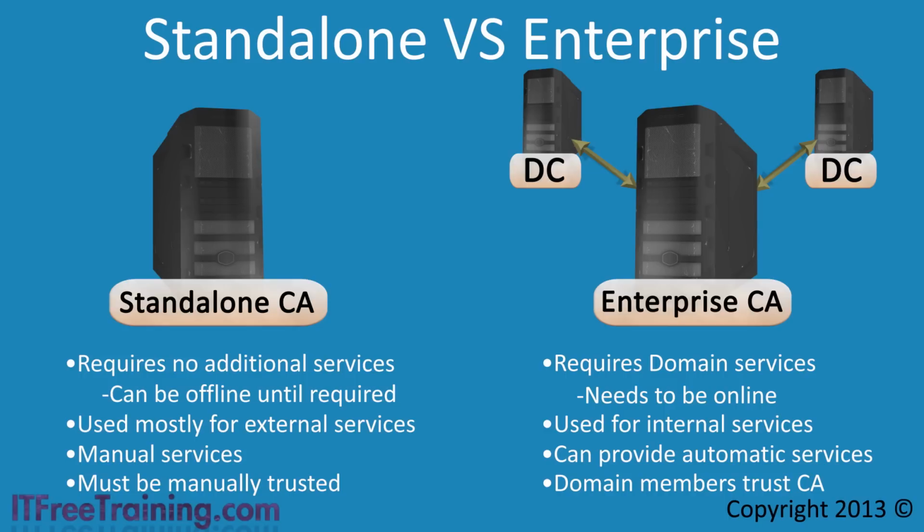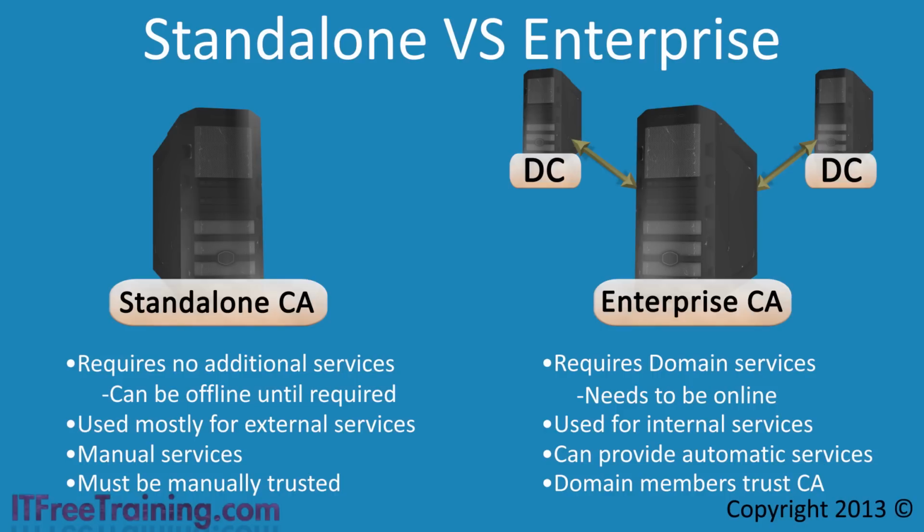If, for example, all your clients were members of a domain and you were using a Standalone CA, you could use group policy to configure all your clients to automatically trust the Standalone CA. The point to remember is that clients receiving certificates from a Standalone CA will not be able to automatically start using the certificates until they are configured to trust the Standalone CA.